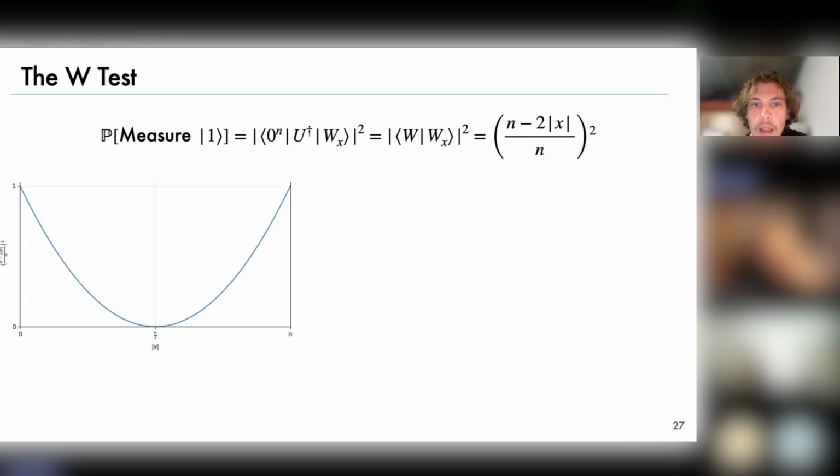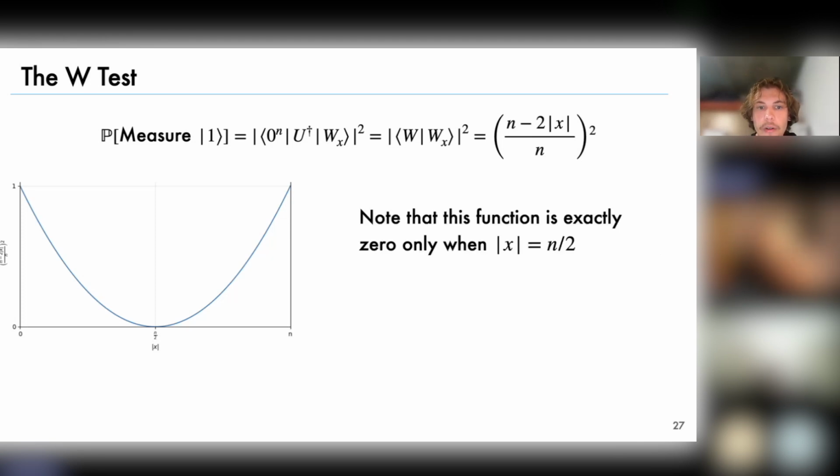What we get by applying 𝖢0 backwards is just the inner product between W and W_x. We can sum all of these up, and what we find is this probability is going to be equal to ((n minus 2 times the Hamming weight of x) divided by n) all squared. So it's some quadratic function drawn on the left here, depending on the Hamming weight of x. One interesting thing to note is that this function is exactly equal to 0. It has a unique root at x equals n over 2, where the Hamming weight of x is n over 2.